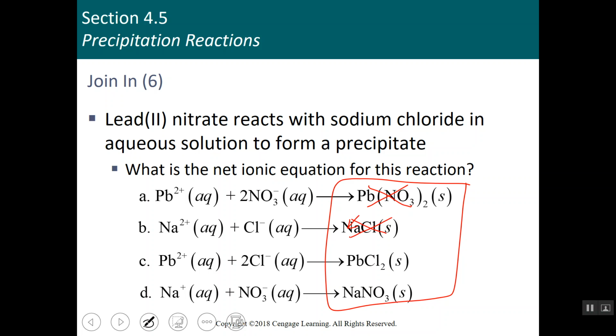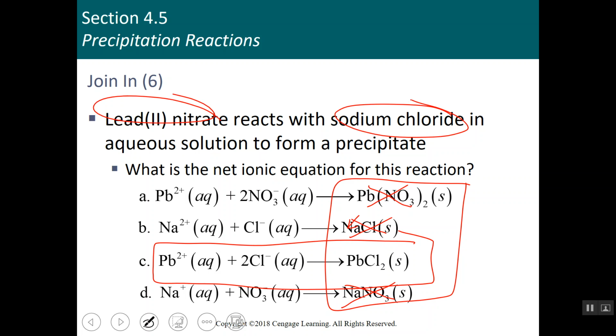And then let's go down to this last one. Again, all nitrate salts are soluble, so the only option is going to be this particular equation. So we could have gone through a lot of work and written out lead 2 nitrate and sodium chloride and then tried to figure out all the products, but just by going down through and using our solubility rules, we could predict which of those would not make a solid, and that left us with one answer choice.